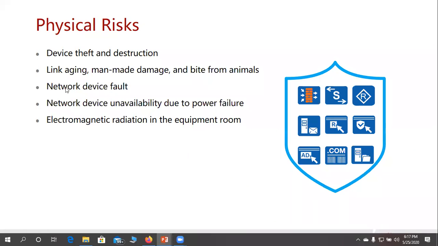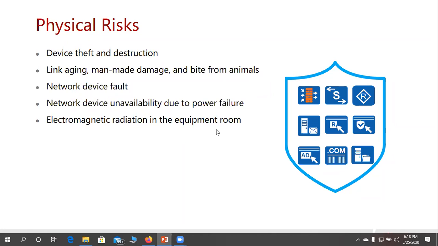The other physical risks that we have: link aging, man-made damage, or bites from animals chewing the cables, network device fault, and network device unavailability due to power failure, and electromagnetic radiation in the equipment room.